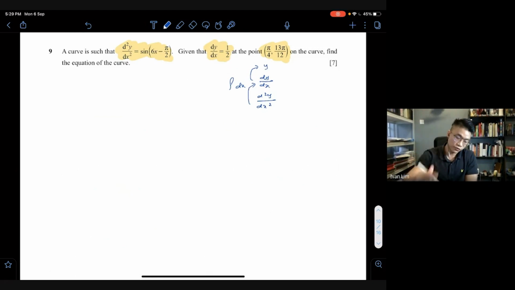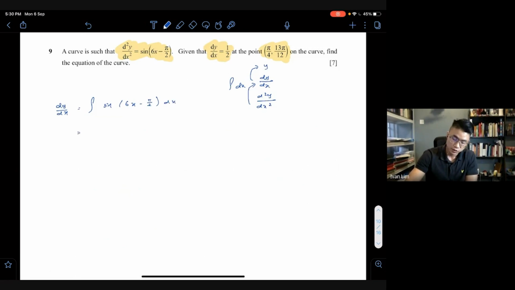So let's integrate first. Be extra careful when you integrate this, because if you are wrong from the first step, then the whole bottom is all wrong already. So dy dx will be integrating your d square y over dx square. So you need to integrate sine 6x minus pi over 2 dx.